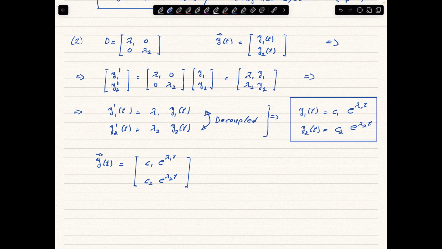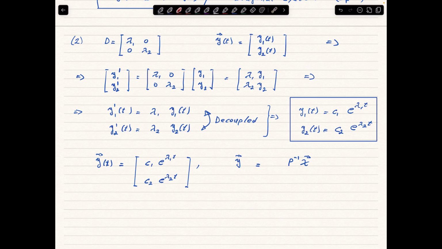And recall, the relation between y and the original variable x is that y, which is a function of time, but it doesn't matter, is equal to P inverse x. So suppose you want to find x in terms of y, what do we do?